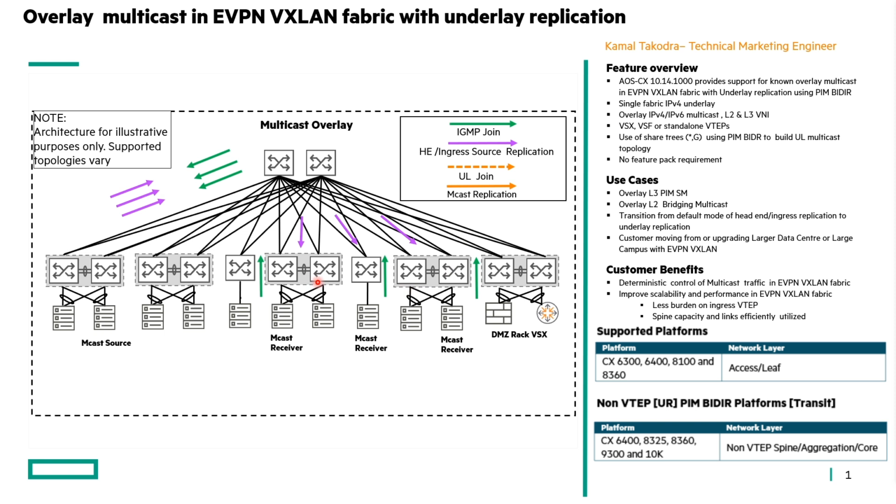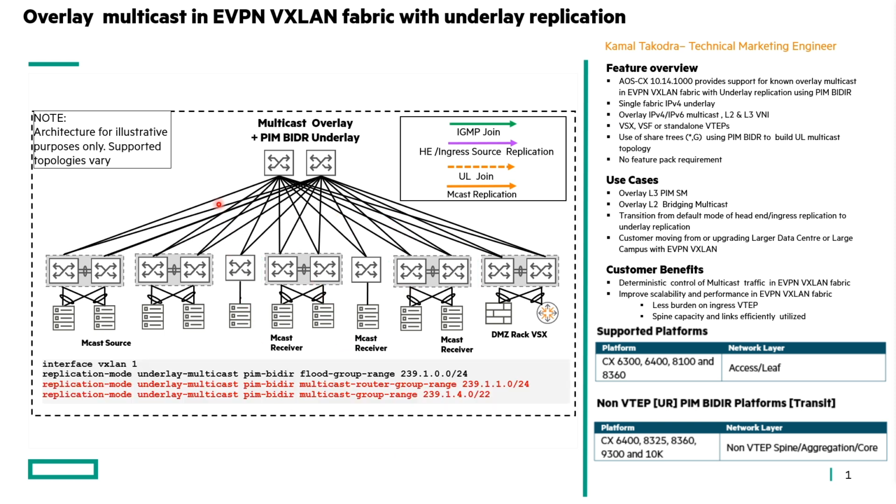Now let's take a look at underlay replication. With underlay replication, we have multicast in the overlay, and we've enabled PIM bidirectional in the underlay using the commands below. As before, the multicast receivers send an IGMP join. We also send a join in the underlay to the PIM RPs.